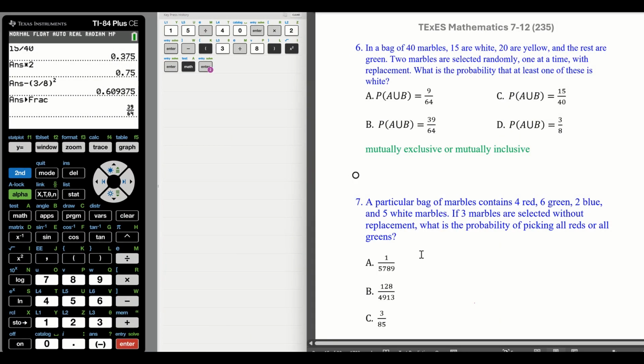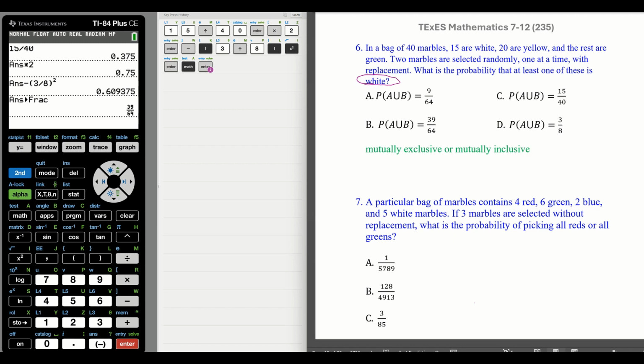Number 6. In a bag of marbles, 15 are white, 20 are yellow, and the rest are green. 2 marbles are selected randomly, one at a time, with replacement. What is the probability that at least one of these is white? Okay, let's think about this. We're going to have white, and we're saying that at least once.